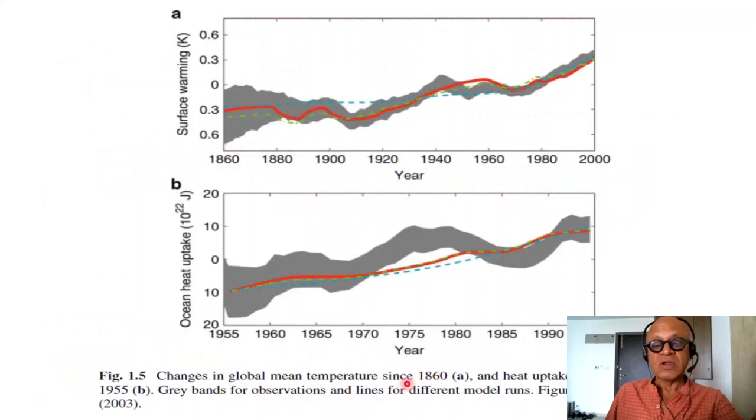So changes in global mean temperature since 1860 in here, and heat uptake in the ocean since 1955. We don't have good data for ocean uptake before. So gray bands for observations and the lines for different model runs. So you can see that the comparison between the range of estimates from observations and models is remarkably good.